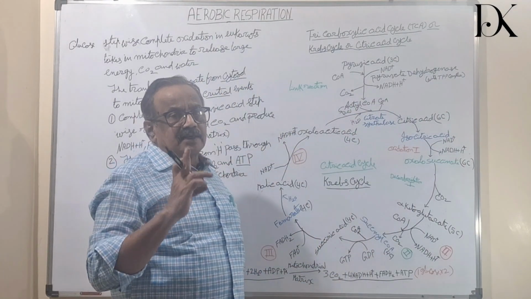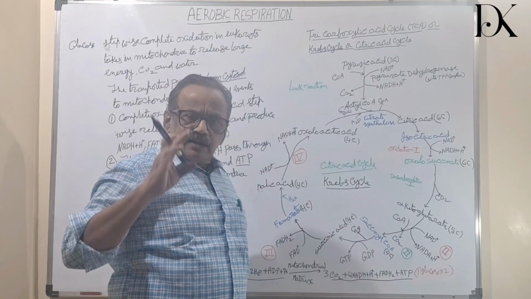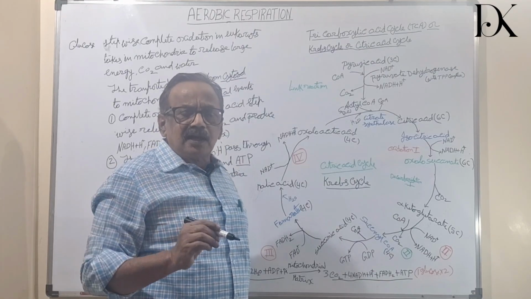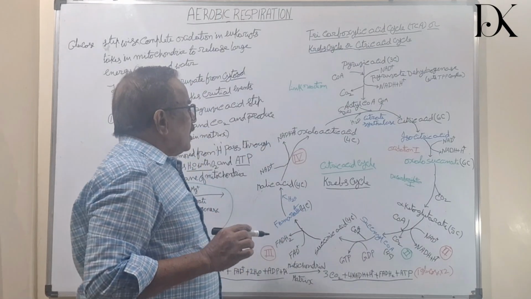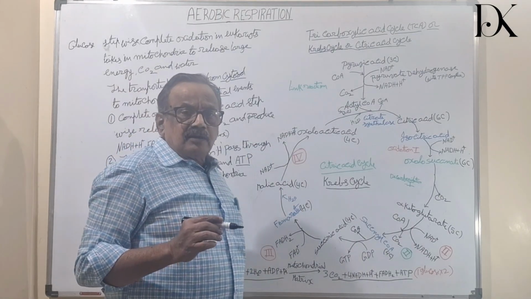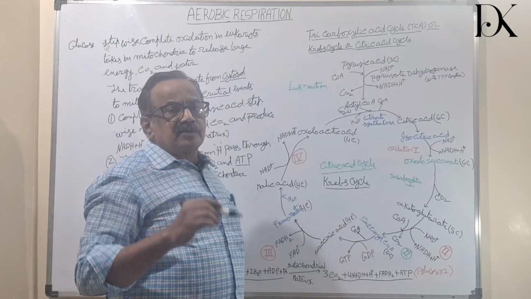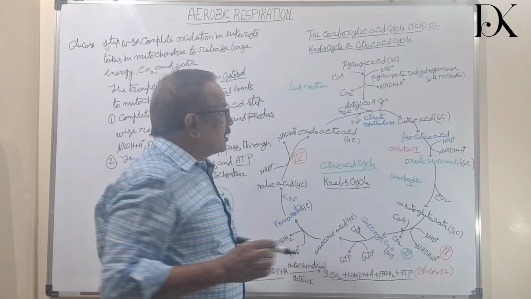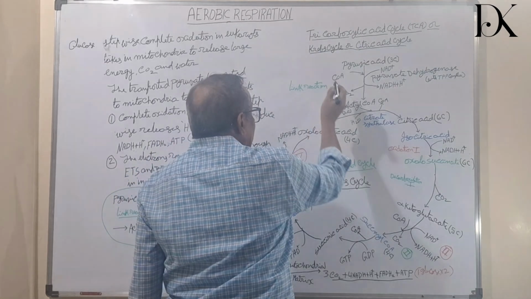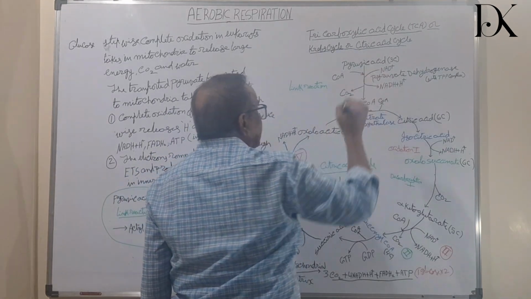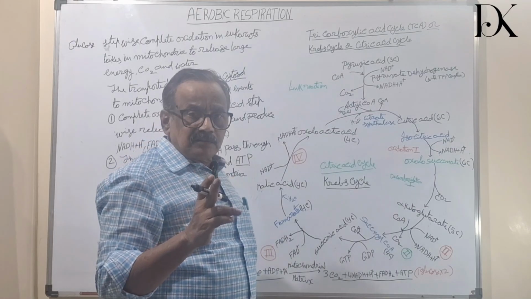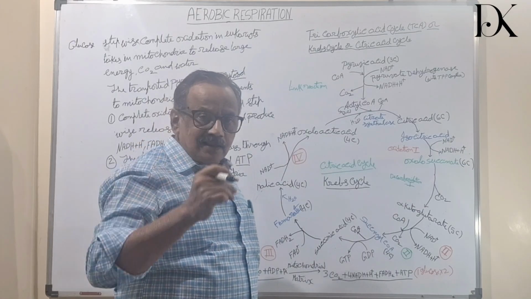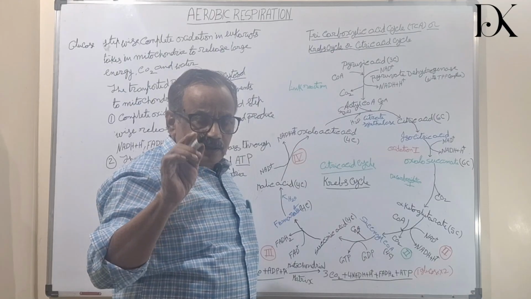Remember, it is a complex enzyme, not just one of many different enzymes. Two coenzymes also work in this reaction: coenzyme A and NAD plus. Both are coenzymes. This is an important point, given in the textbook, and we can be asked about it in NEET.